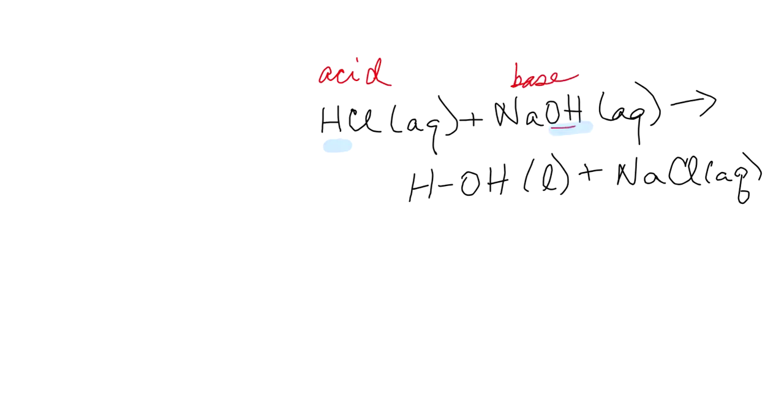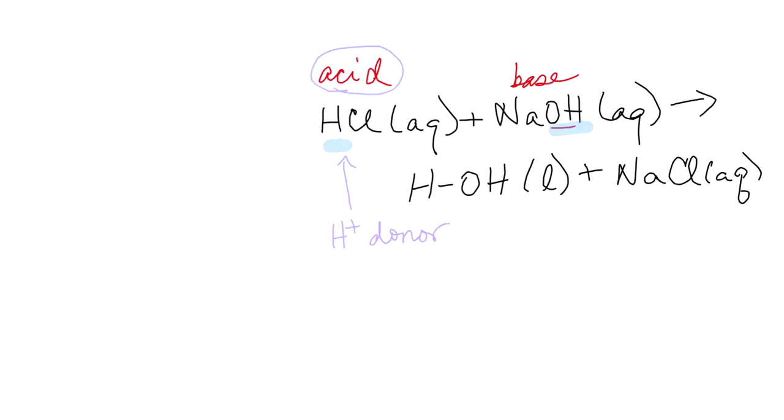Okay, so this is a classic acid-base neutralization. If we look at it from the Bronsted-Lowry point of view, what substance donated the H plus? The substance that donated the H plus is hydrochloric acid. This is the H plus donor. Therefore, under the Bronsted-Lowry definition, HCl is my acid.